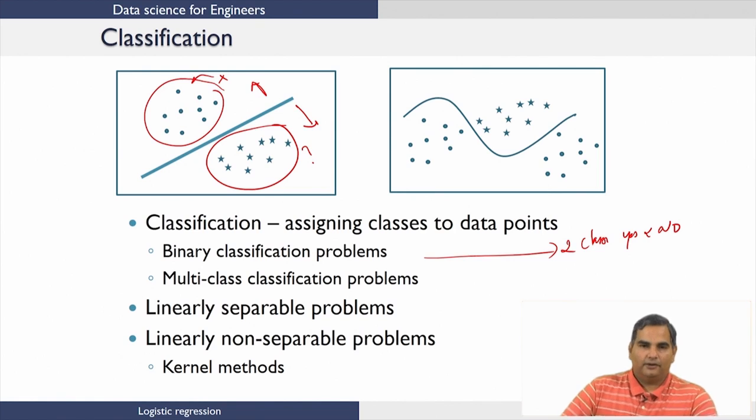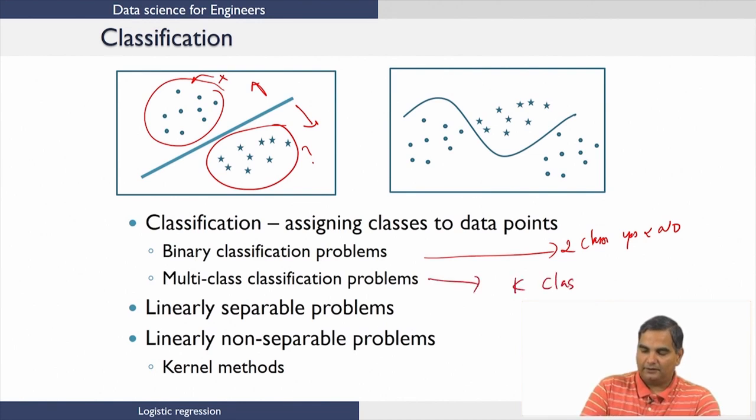Now, a more complicated version of this problem is what we call a multi-class classification problem, where I have labels from several different classes. Here I had just 2, but in a general multi-class problem I might have k classes.